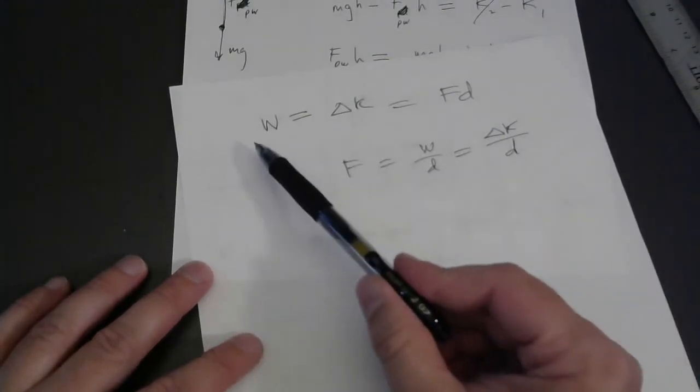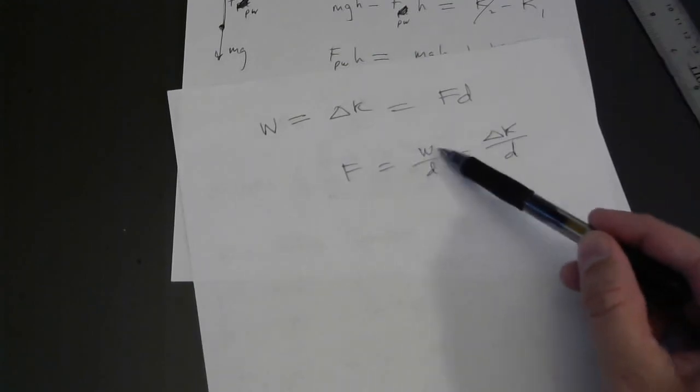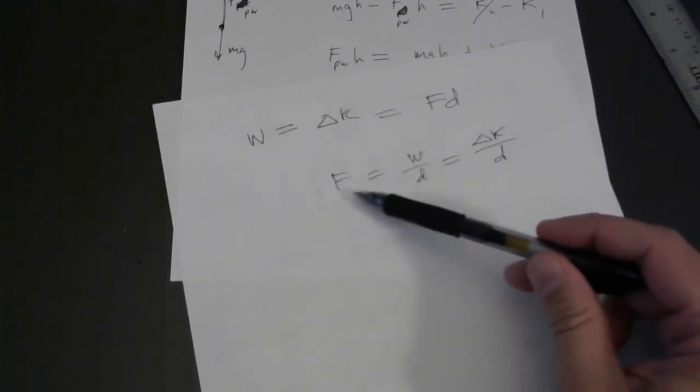Think of it this way: gravity did work on the weight as it was falling, and now the pipe has to undo that work by doing negative work on the falling weight. So you take the quantity of work that was done previously and divide it by the new distance. Or think of it as taking the kinetic energy that it's got, and you're going to have to remove that over a distance d. That would tell you the necessary force.